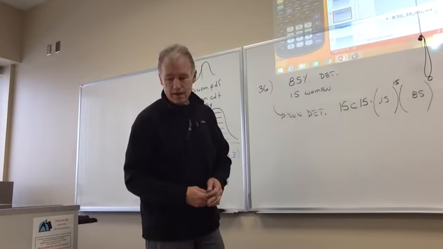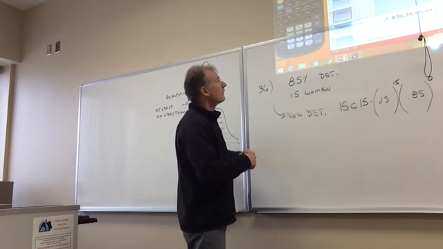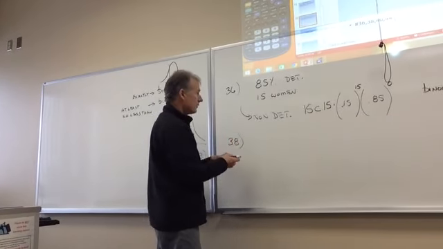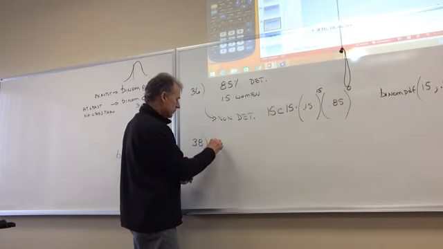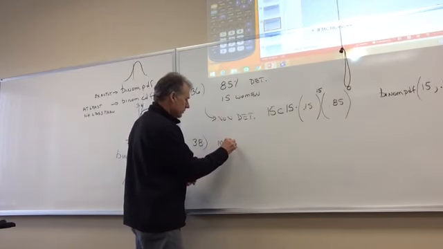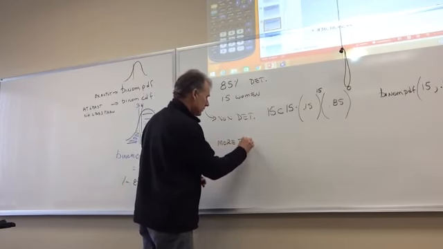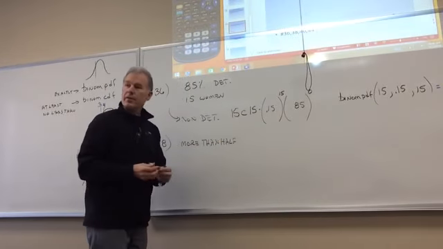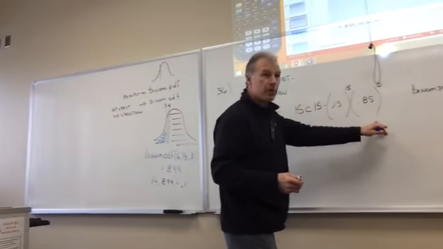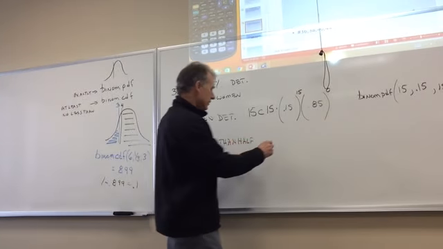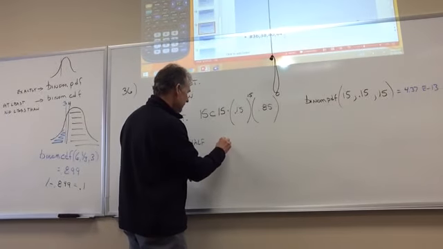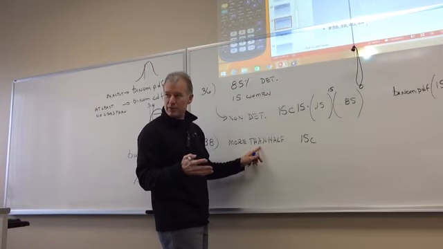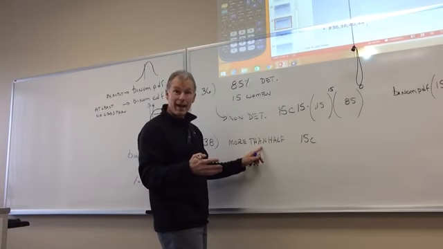Let's see, 38. What's 38 say? 38 is based on the same information, but instead it's more than half of these cases are detectable. So if we're trying to do it this approach with more than half, we have 15. Half is 7.5, which of course doesn't make sense, so we could use 8 or more.